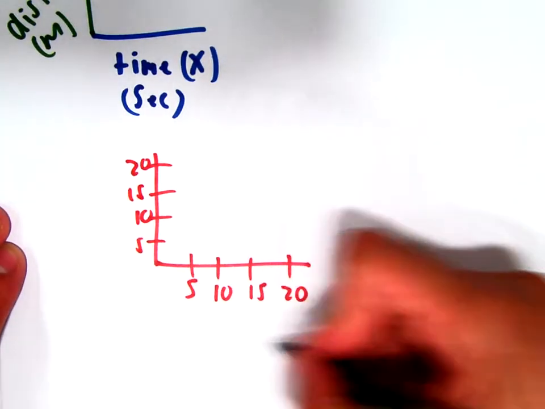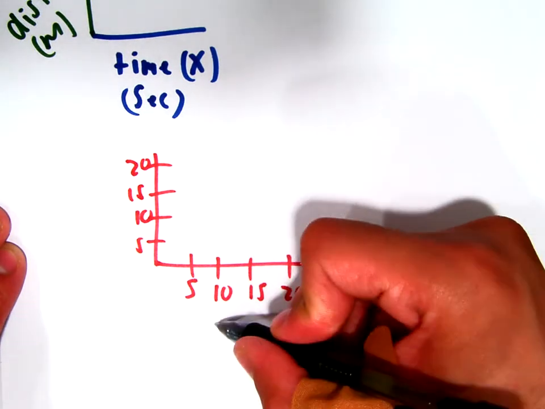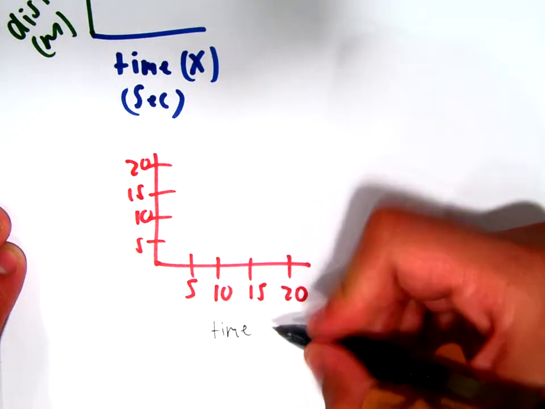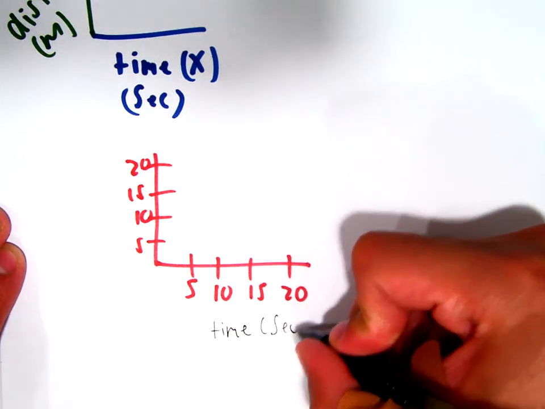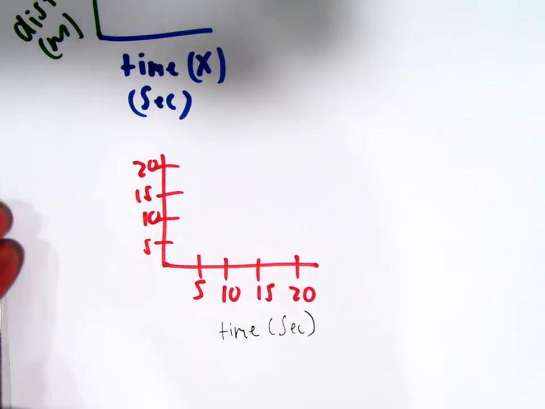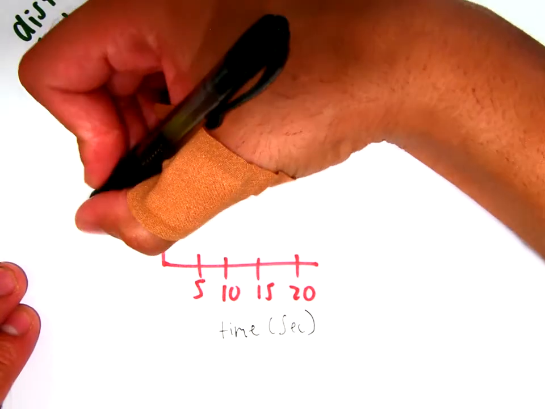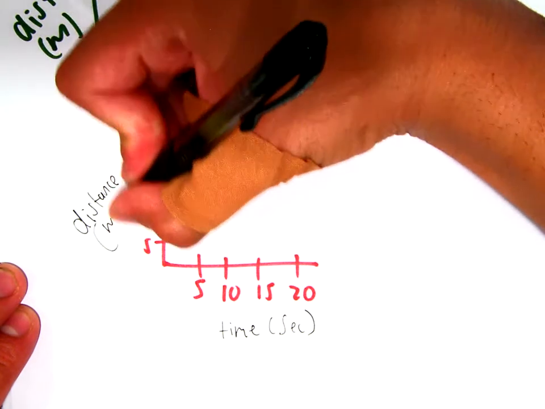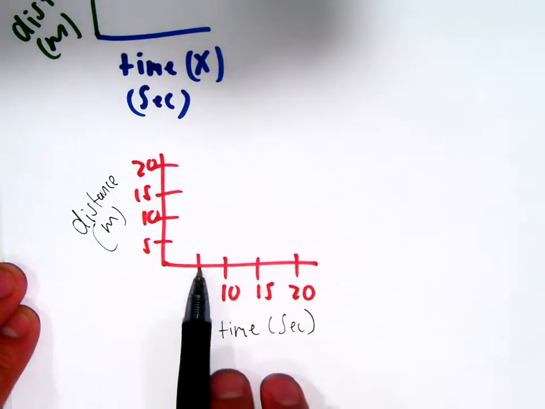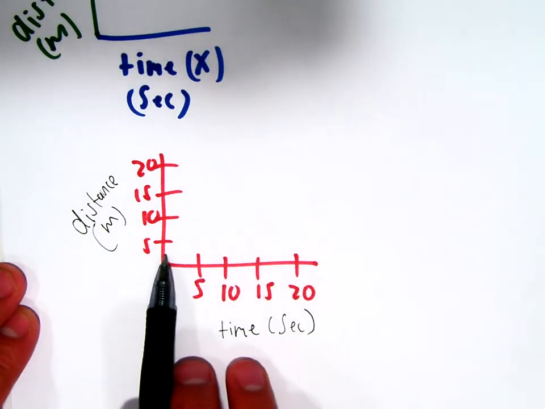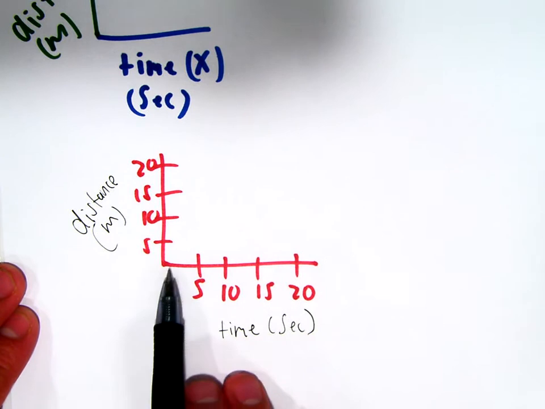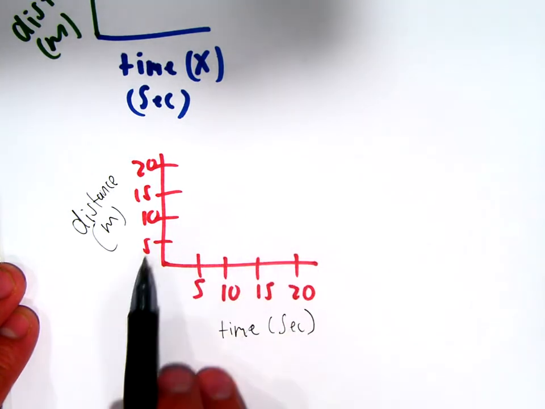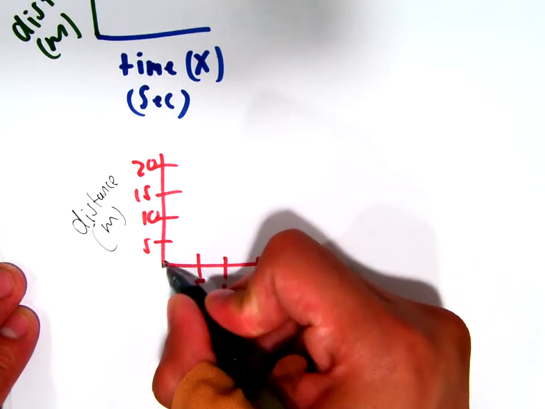This here will be my time in seconds. And on this other side here will be my distance traveled in meters. So again, as time is running, this plots how far I am from the origin, which is the point 0.